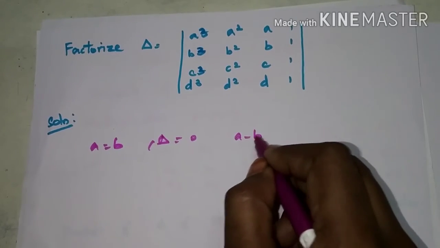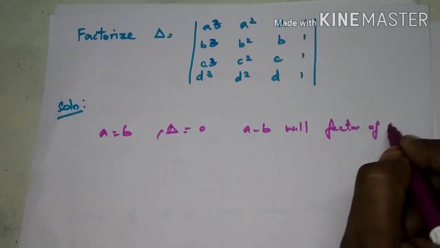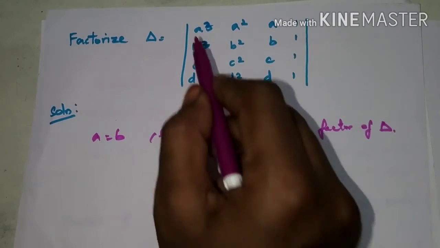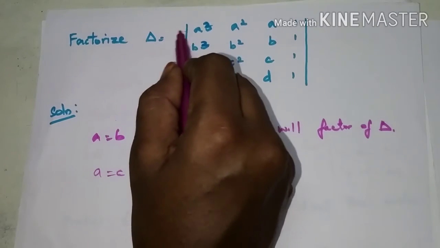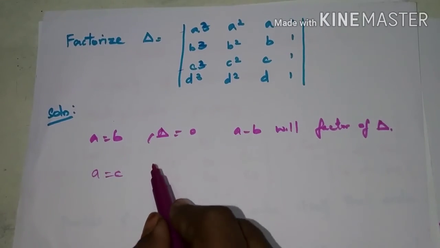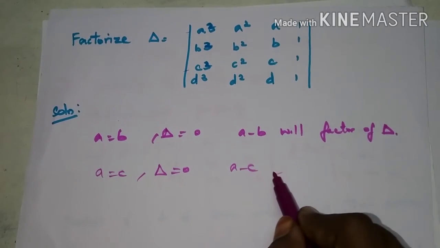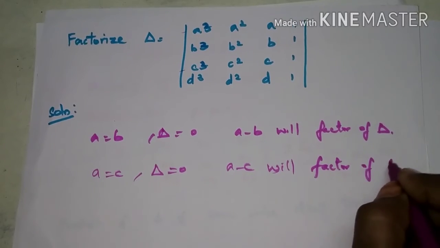So a minus b will be a factor of del, right? Now there may be a condition also in which a would be equal to c. At that time the first row and third row would be identical, your determinant value would be 0. So a minus c will be a factor of del, right?